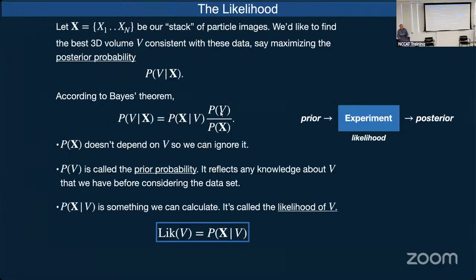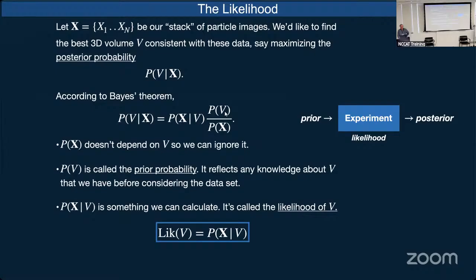One of them is the probability of that volume instead of some other volume. And this one is the probability of getting this particular data set rather than another. Now, we want to maximize this thing, and we're treating the data as a constant, so we can ignore this term. But this term is kind of interesting.